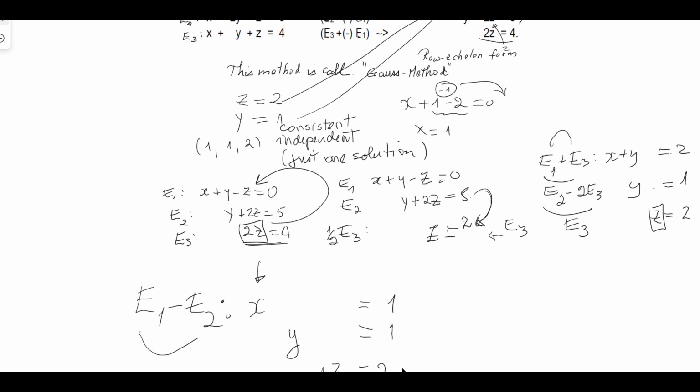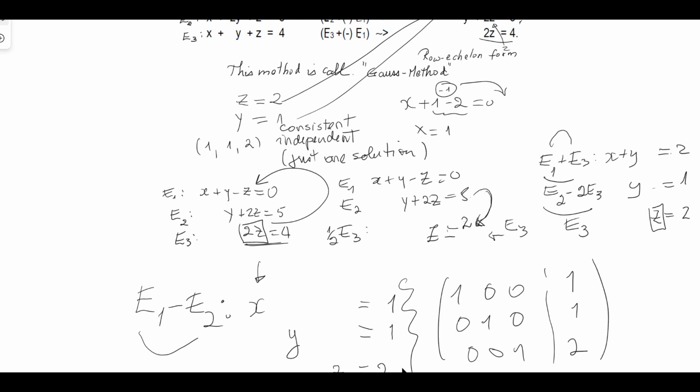Then we are using the classical Gauss-Jordan method that finishes with a matrix like 1, 0, 0, and here numbers, 0, 1, 0, here numbers, and 0, 0, 1, here numbers.